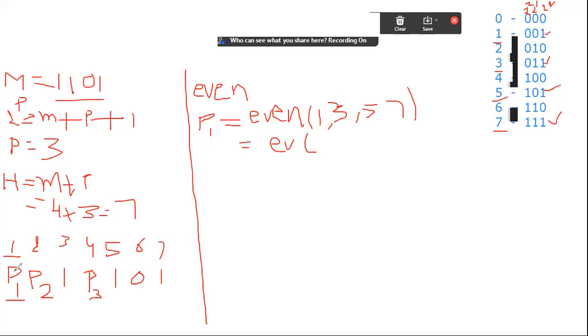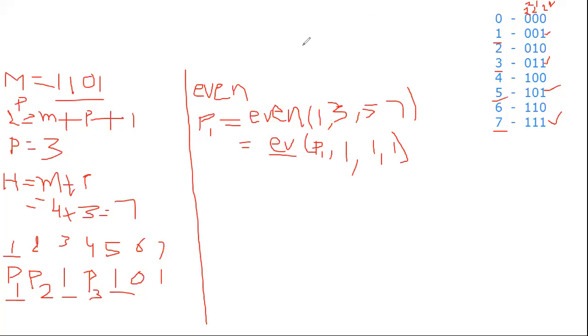At the first position, which is having P1. Next, at the third bit position, 1 will be there. Next, the fifth bit, what is the fifth bit here? 1. Next, the seventh bit, 1. By placing the P1 value, we are getting even parity. Even parity means there is an even number of ones.